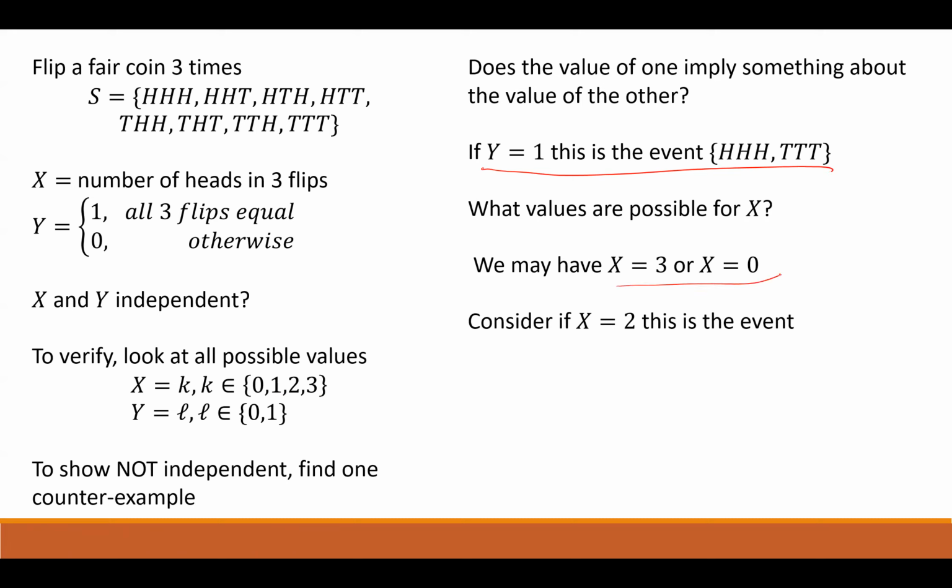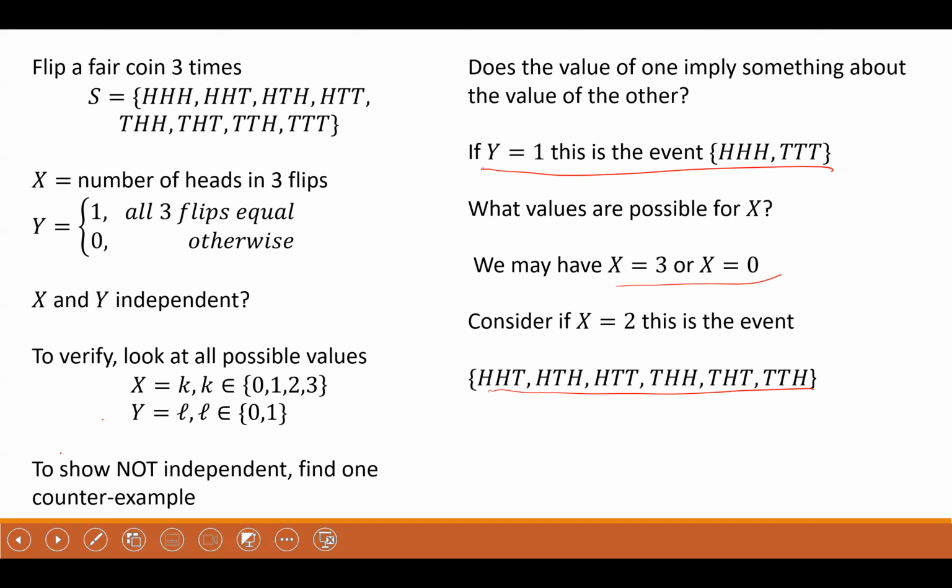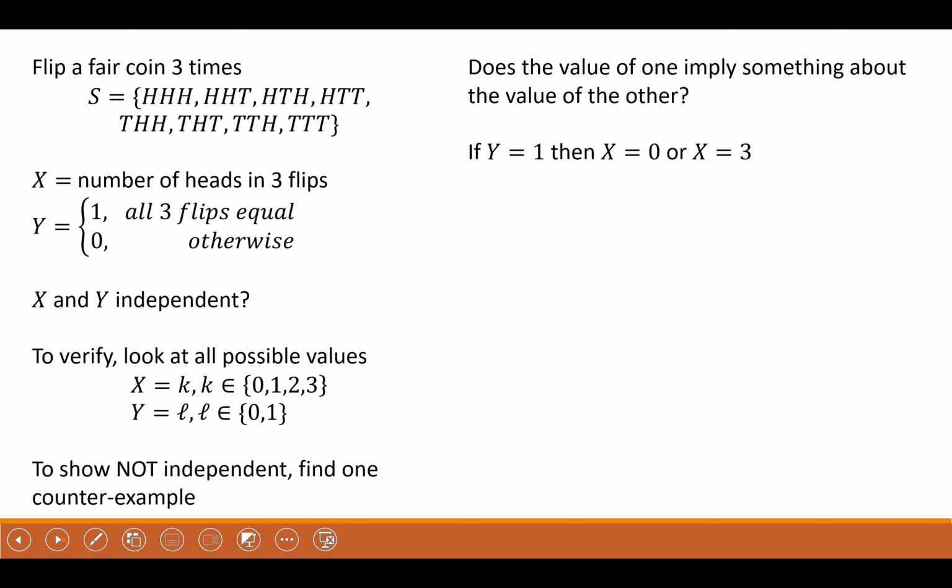And then we must have X equal to 3 or X equal to 0. X equals 2, we know that the event is in these outcomes, and then we know that Y must be 0. So I tell you something about one of them, it gives you information about the other.